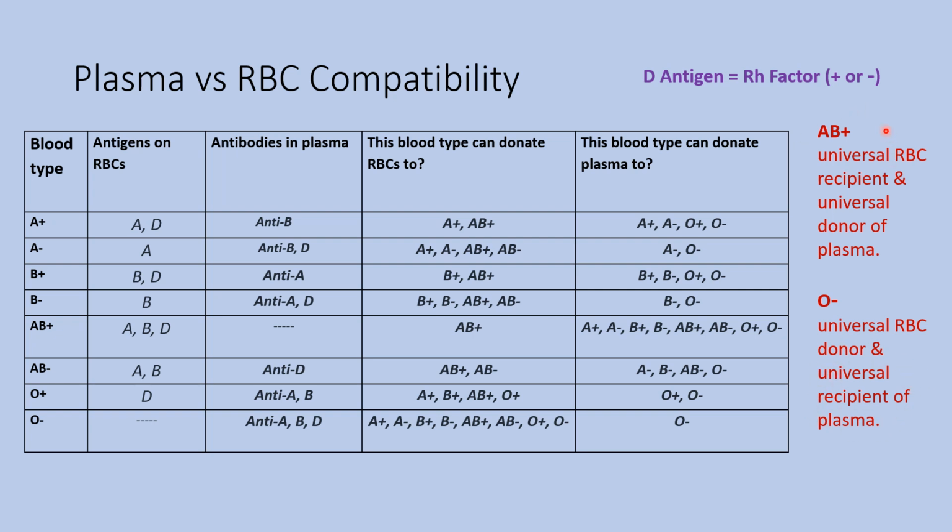AB positive, you are a universal recipient of blood, whole blood, but you are a universal donor of plasma. So there's a little bit of a funky thing going on. There's a lot more going on than A, B, and D that makes this possible. But it's an interesting flip from universal recipient to donor when you go to the plasma, donor to recipient when we're talking about plasma, blood versus plasma.